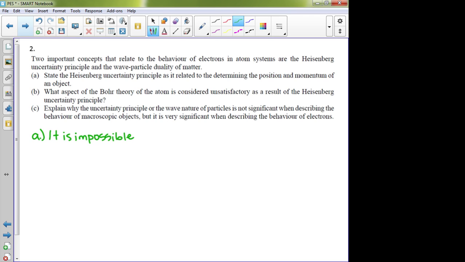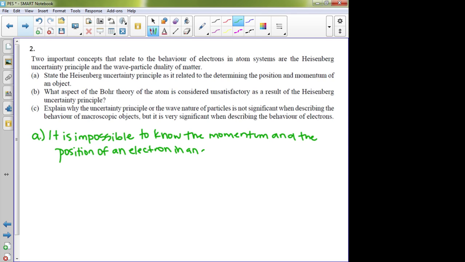Excellent. It is impossible to know the momentum and the position of an electron in an atom at the same time.